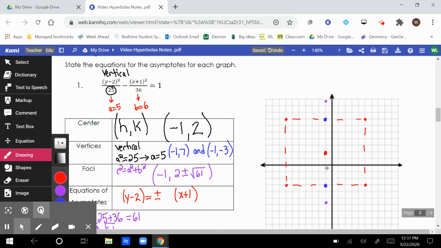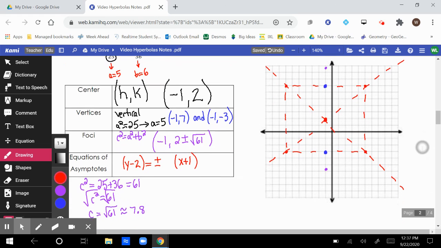Now your asymptotes go corner to corner through the center point. Asymptotes are always dashed lines. Those are my two slant asymptotes, and the reason I do that is it helps me to create the shape of the graph.